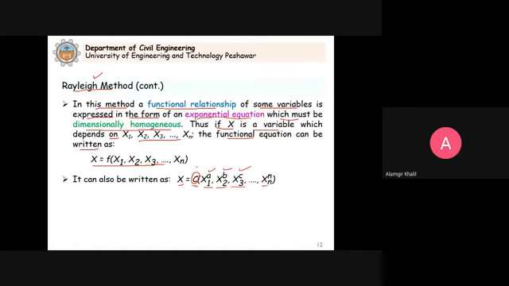This is written in your textbook. So that's why we multiply here a dimensionless constant to make the functional relationship more accurate. Later on, I will explain how we can calculate this C.